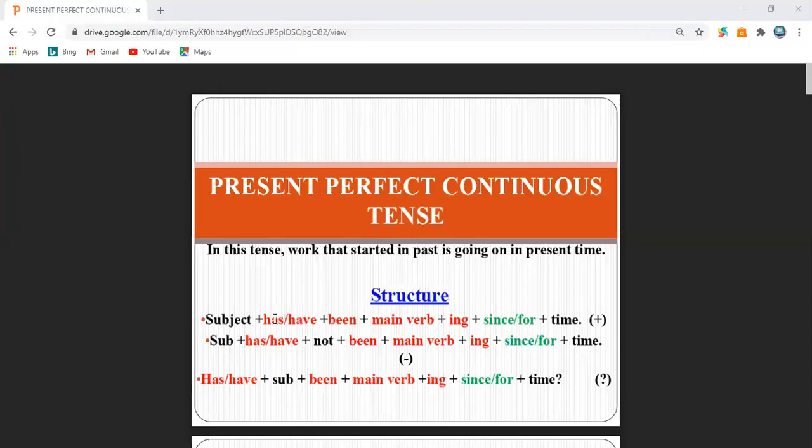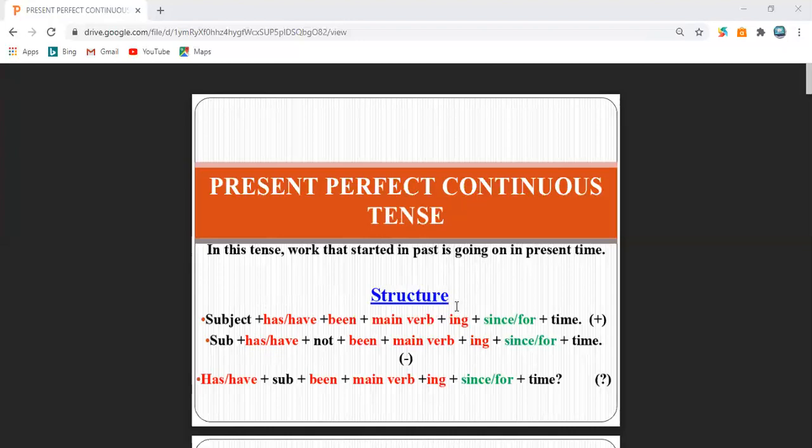So you can clearly see on this screen that after the subject there must be two helping verbs present in the present perfect continuous type, and those are has or have and been. And after that, the main verb with ing will come because it's a continuous tense.